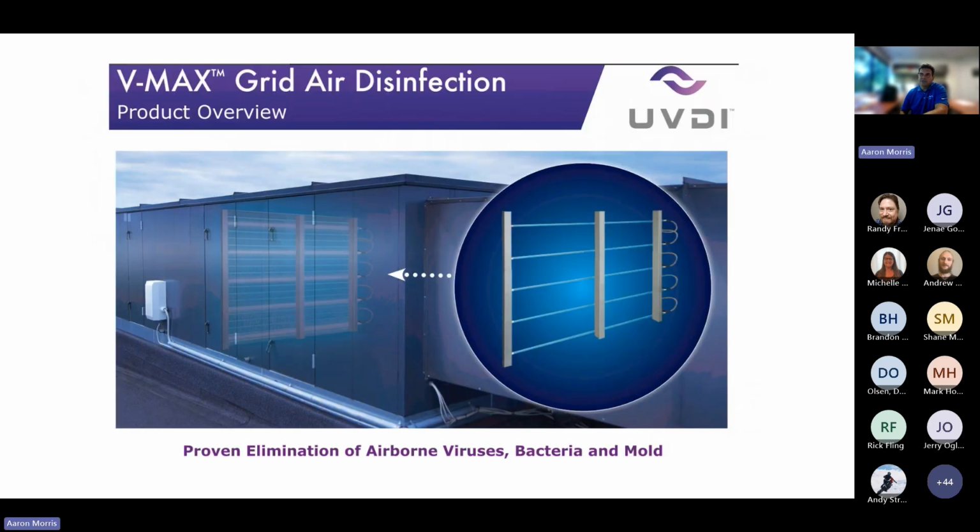UVDI manufactures intense UV grids that can be sized to meet the airflow velocities through your air handler or duct systems, and sized intense enough to eliminate airborne viruses, bacteria, and mold as they're traveling through your air system.